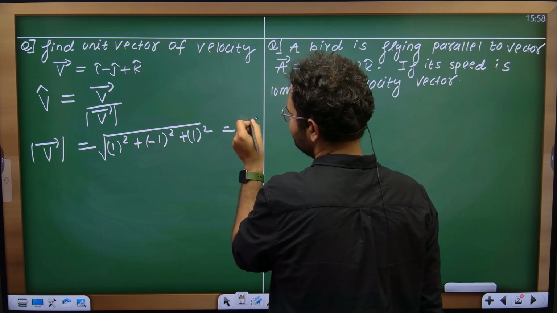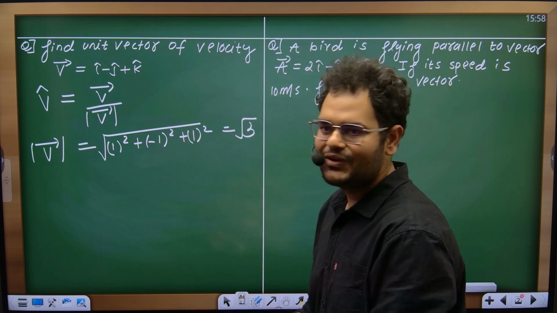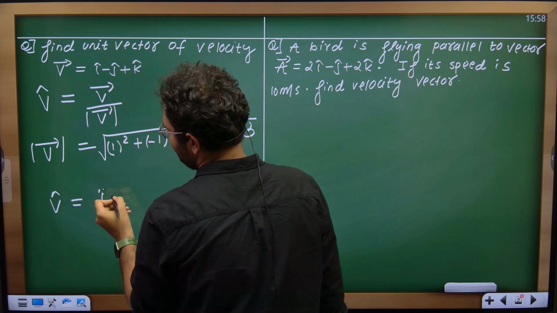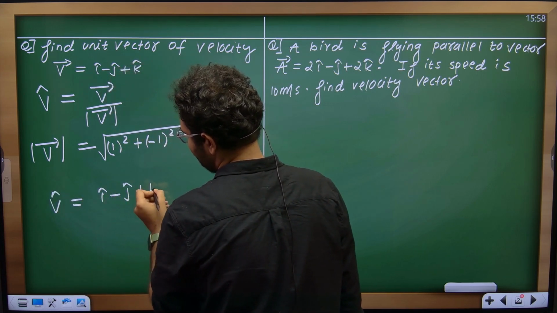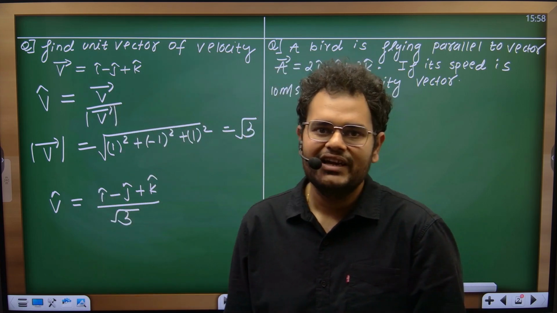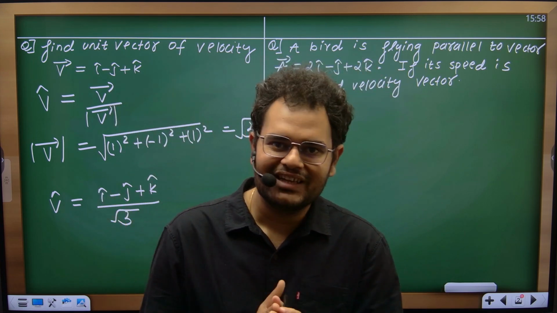How much is this? Root 3. So finally we got the answer, very easy. The unit vector is i minus j plus k divided by root 3. This is how we can find the unit vector of any vector. Okay, are you getting it?